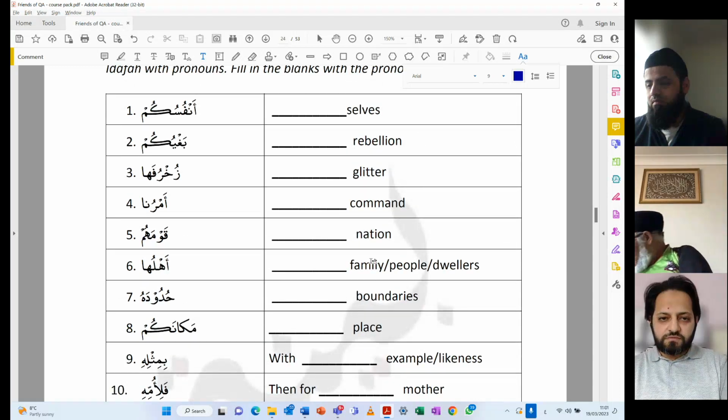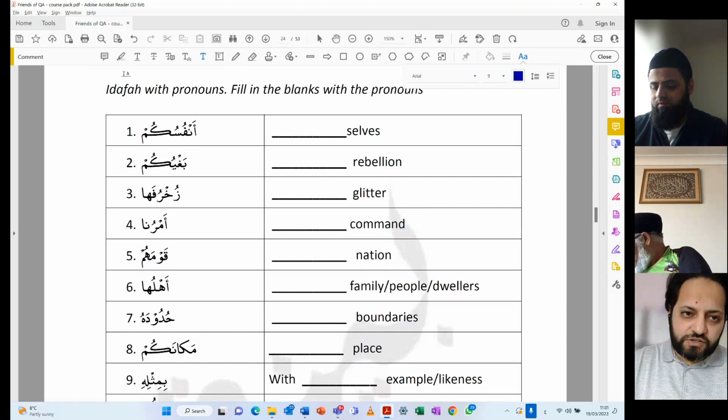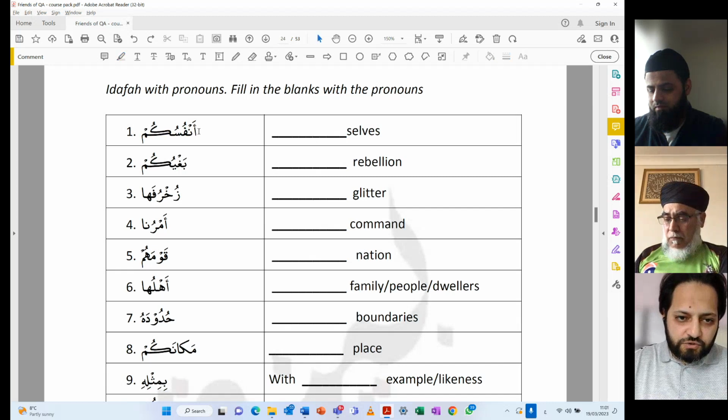You can do this. It's very simple. What you have to do is the translation of the word before the pronoun is given to you, like anfusu. It's given to you. This means selves.